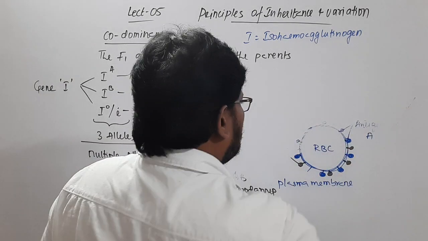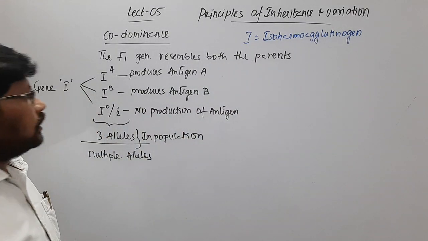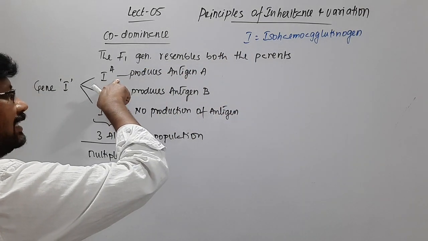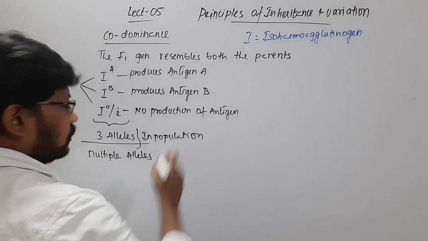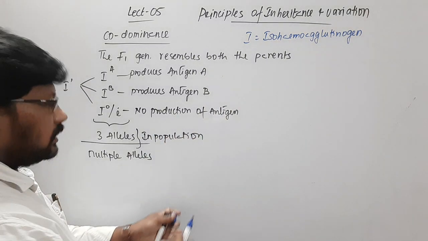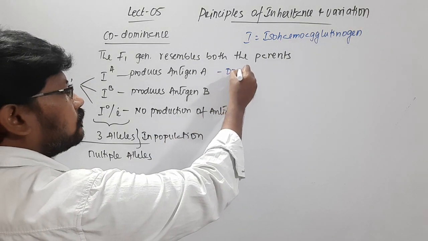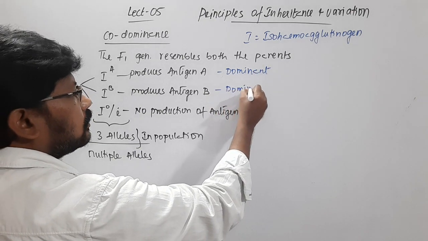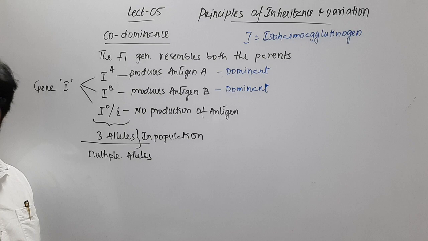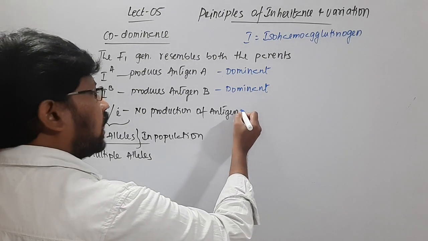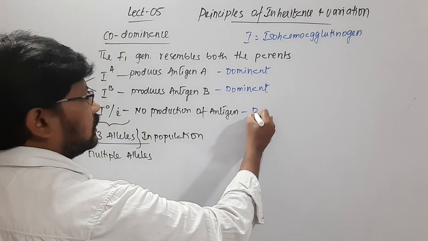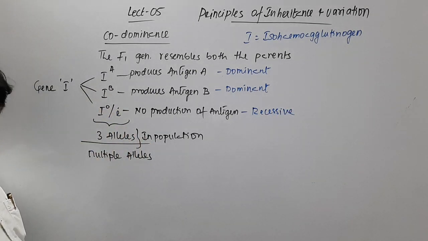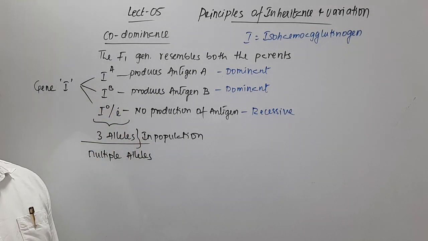Now here, this gene, the allele IA, is dominant. This is also dominant, while this one is recessive, so that is the reason why I have mentioned it with a small i.